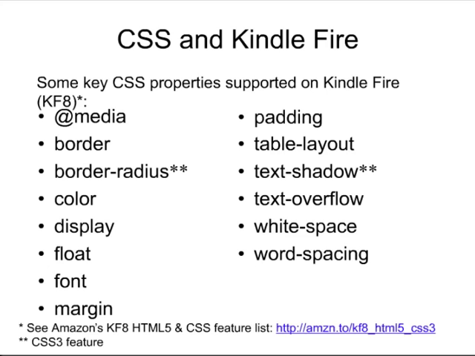So under KF8, you have much more flexibility in display and presentation with things like borders, colors, floats, specifying fonts, margins, and padding, table layout in general, and some more fancy CSS3 type effects like adding text shadow to text and doing border radius.